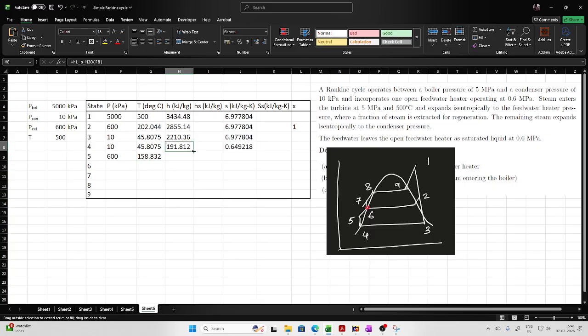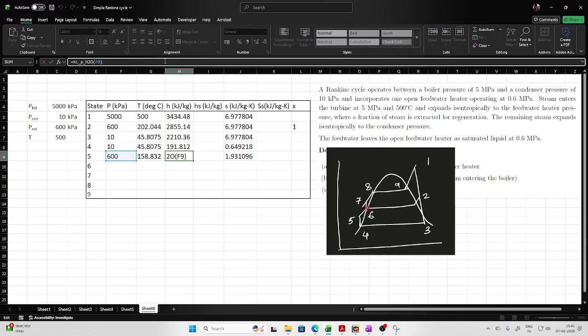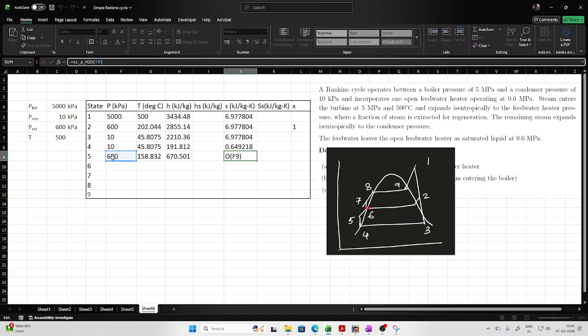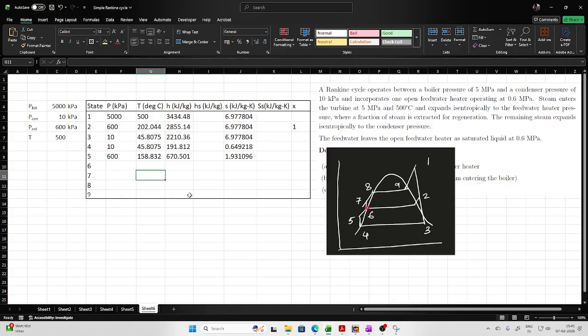So we can copy this formula here, and let us check whether we are on the right side. So this is okay. This is liquid based on this pressure, and this is entropy of the saturated liquid based on this pressure. Okay, done.